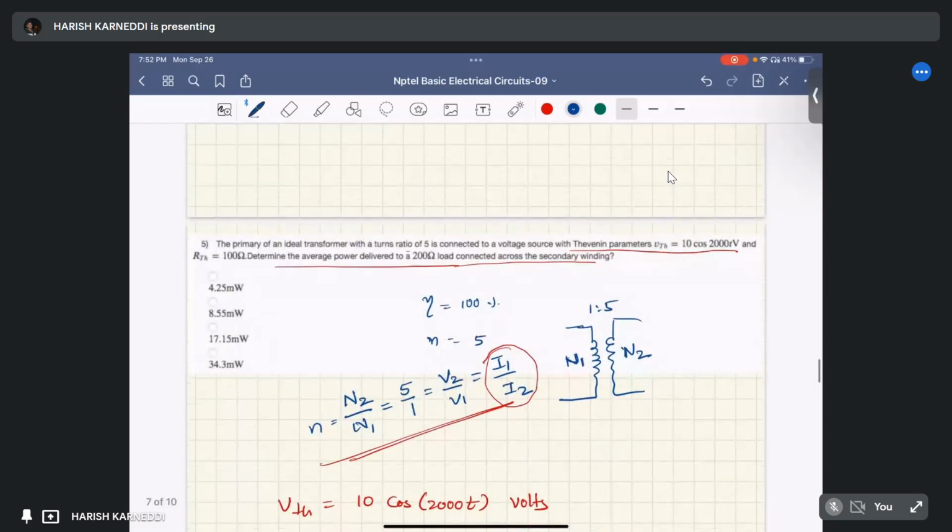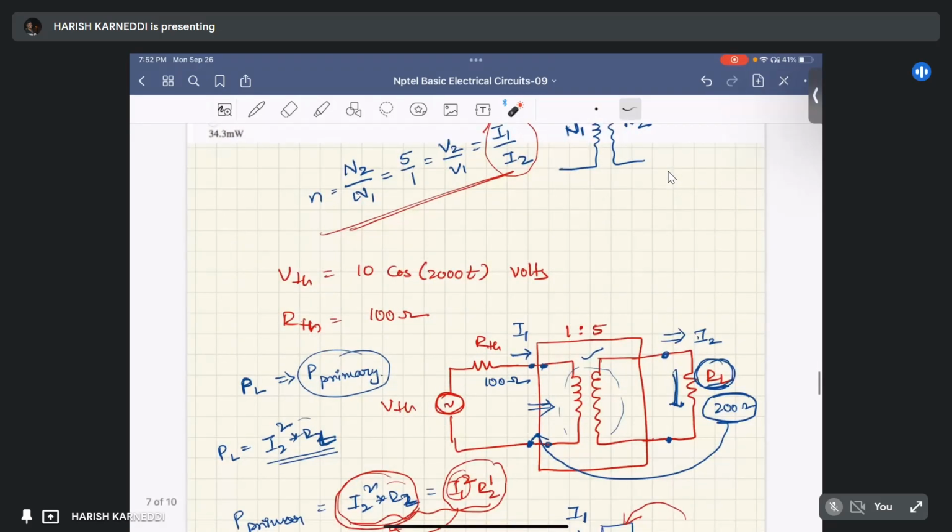First, it was given that a Thevenin's voltage source in series with the Thevenin's resistance is connected to the primary terminals of the transformer. We just connected VTH and RTH to the ideal transformer, and a load of 200 ohm is connected to the secondary side of the transformer. So we have the transformation ratio.